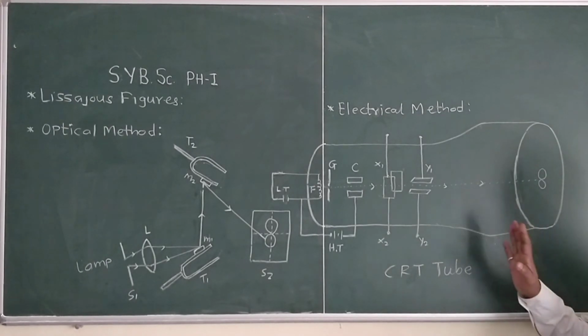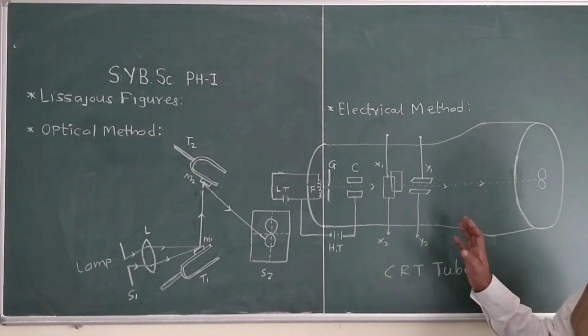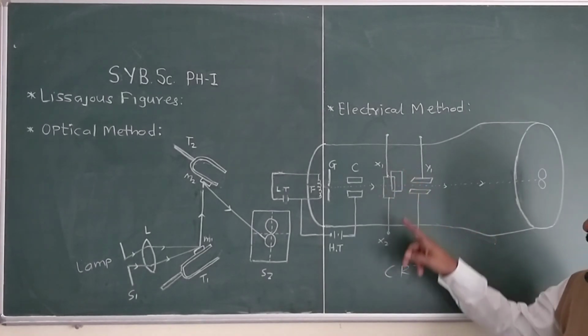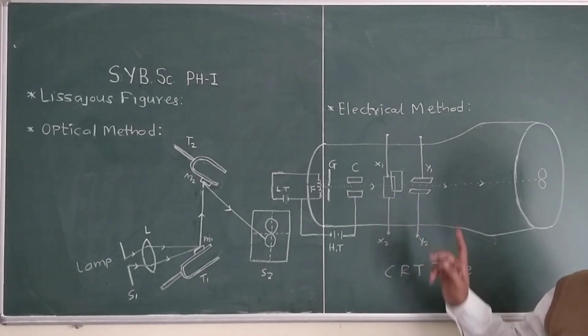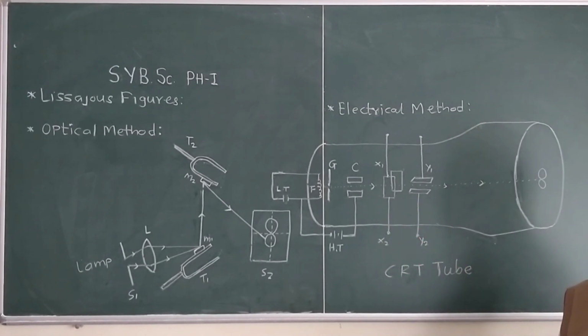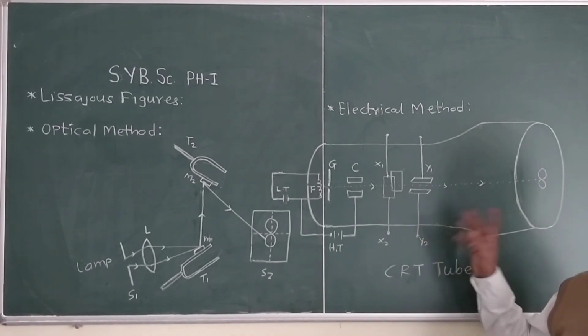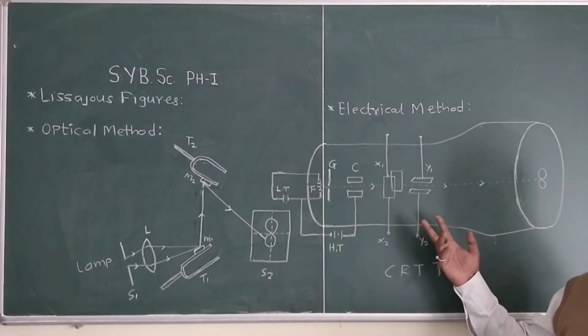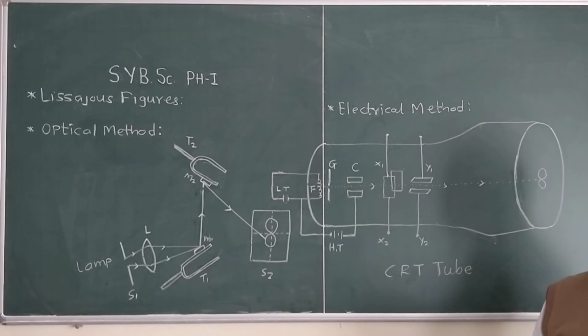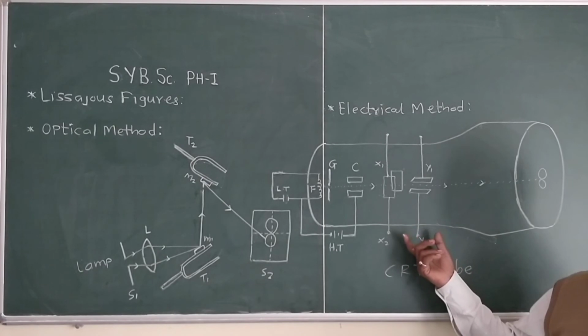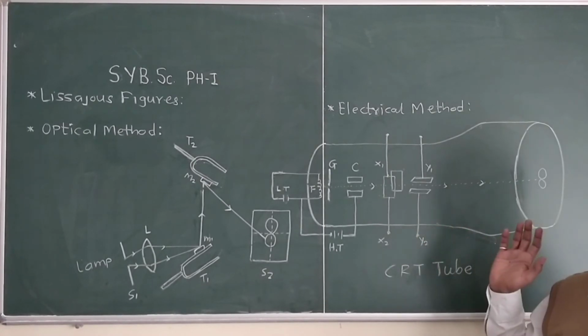Now we see the working. X1 and X2 are the vertical plates to which we connect one AC signal, and the other AC signal we connect to the horizontal plates. That means here we consider two AC signals, connected to the horizontal and vertical plates respectively.